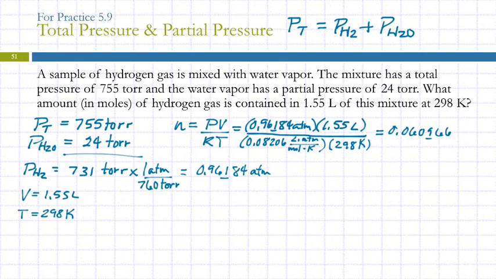And when I cancel out units, liters cancel, kelvins cancel, atmospheres cancel, I end up with moles. So I've got 0.06. I'm keeping the place where the 9 is. I look at the next one, I have to round up. 9 rounds up to 10. So that rounds the 0 up to a 1, and then I need to write that 0 at the end there. 0.0610 moles.